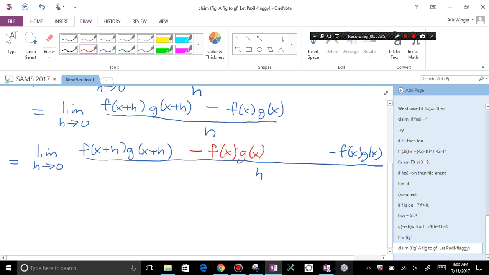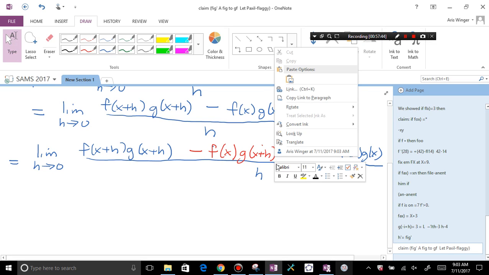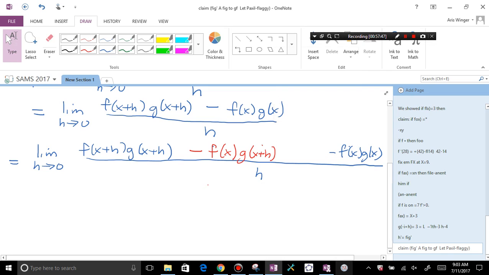Let's do F of X, G of X plus H. I'm going to put that there. Now, I can't just subtract that off without adding it back, right? So then, to make sure I have not changed anything, plus F of X, G of X plus H.